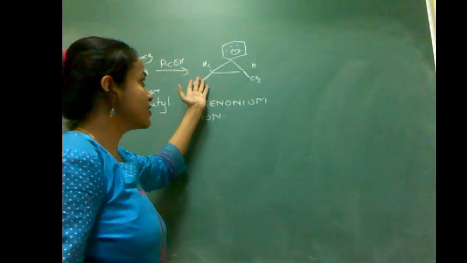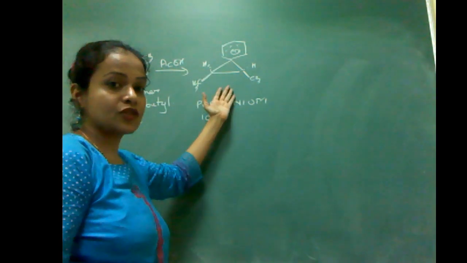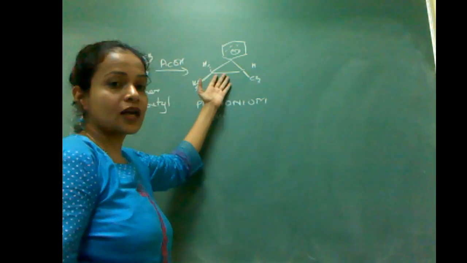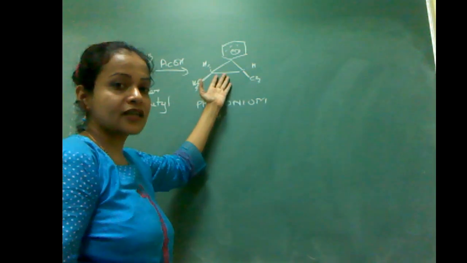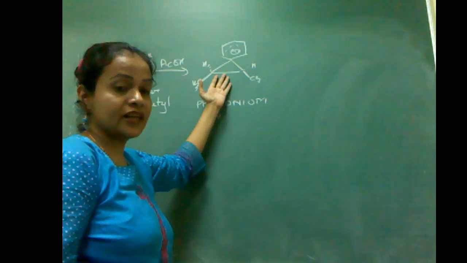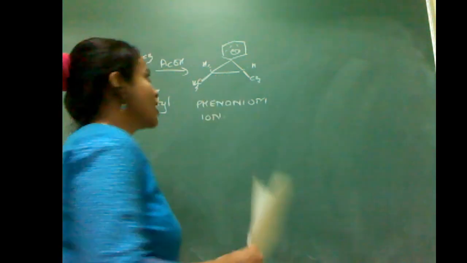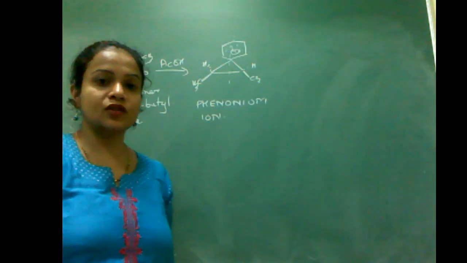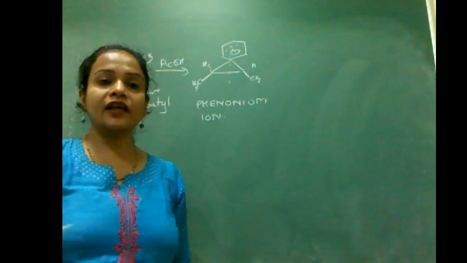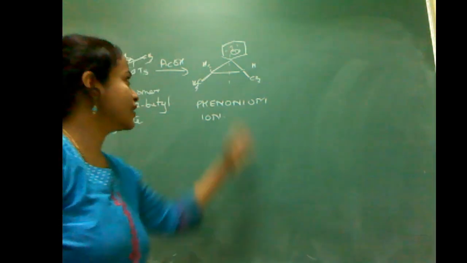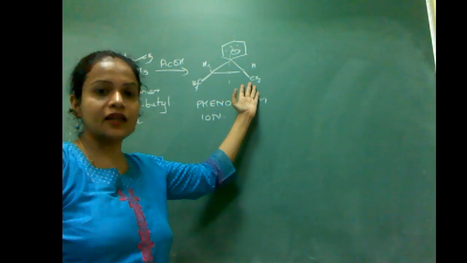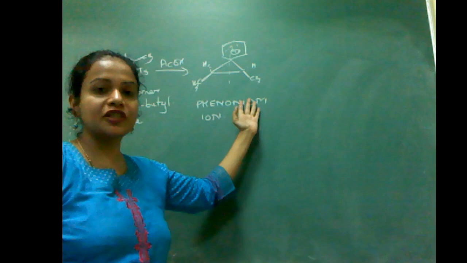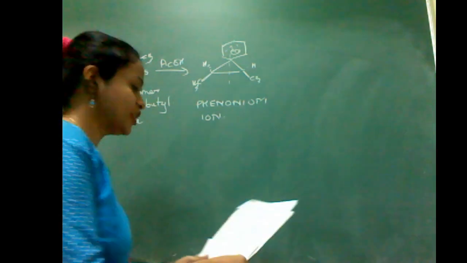Those groups coming towards the observer are designated as beta, and those going away from the observer are designated as alpha, indicated by broken lines. Now imagine a mirror plane passing vertically through the molecule, dividing it into equal halves such that the left half becomes the mirror image of the right half. This indicates that this phenonium ion intermediate is symmetric in nature.